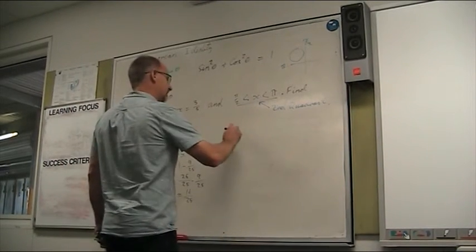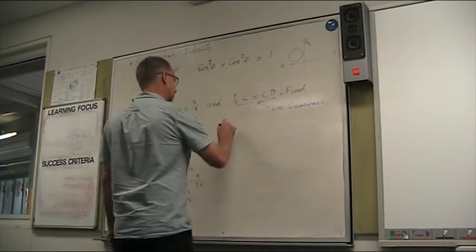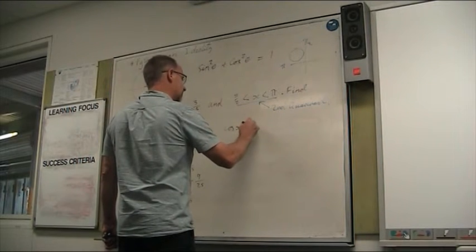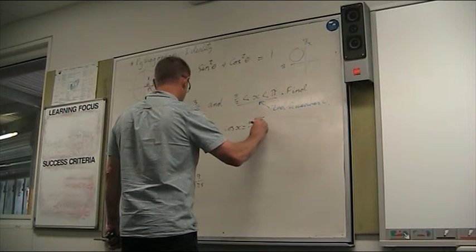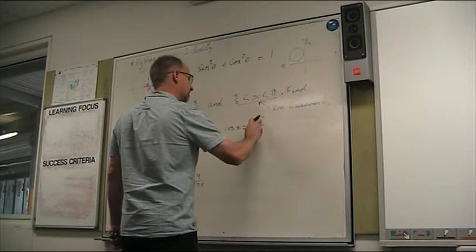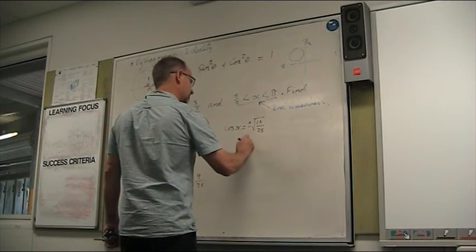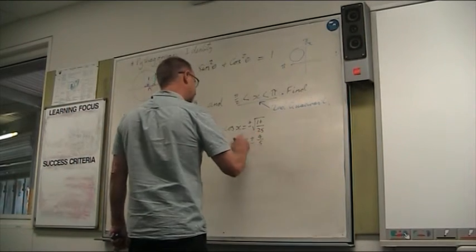Alright, so to get rid of the squared on the cos, we need to square root. So cos x could be plus or minus the square root of 16 over 25, which is plus or minus 4/5.